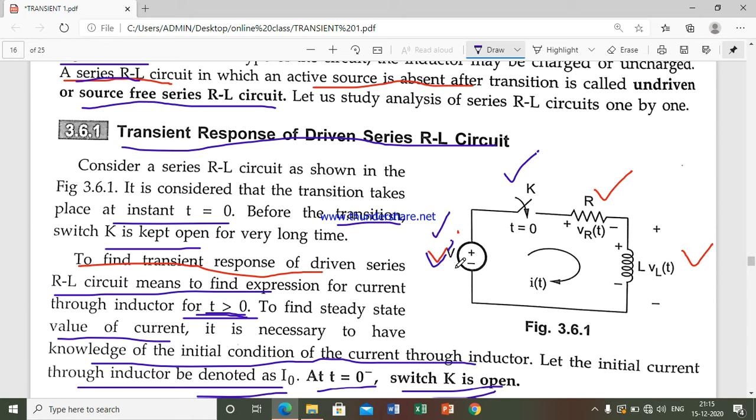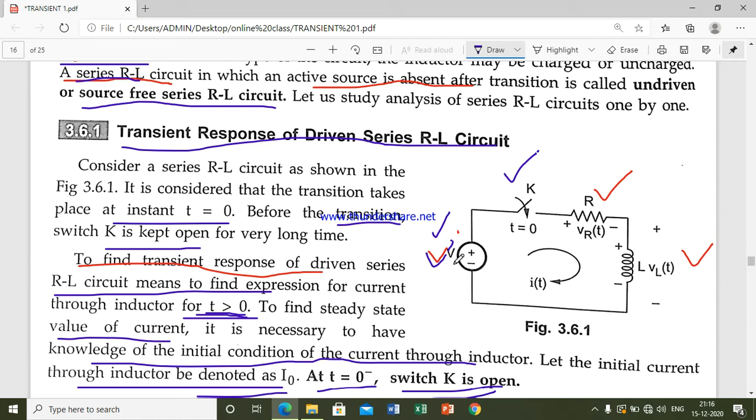Before t equal to 0, the past history can be represented by t equal to 0 minus. In that case you have not applied any voltage source to this circuit. Let us consider that the circuit is open for a long time duration. Obviously, then you don't have any energy in the inductor or capacitor, it will be dissipated.